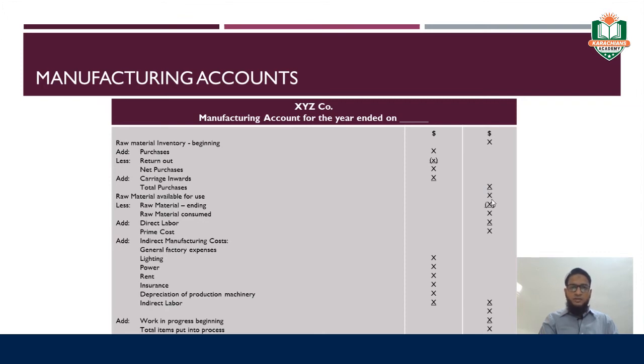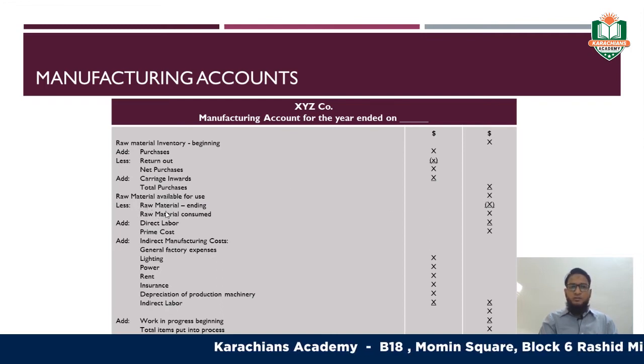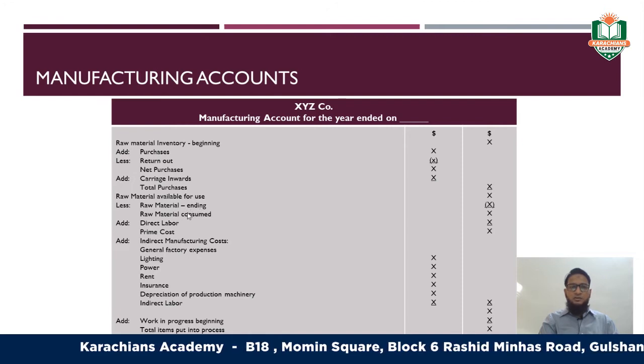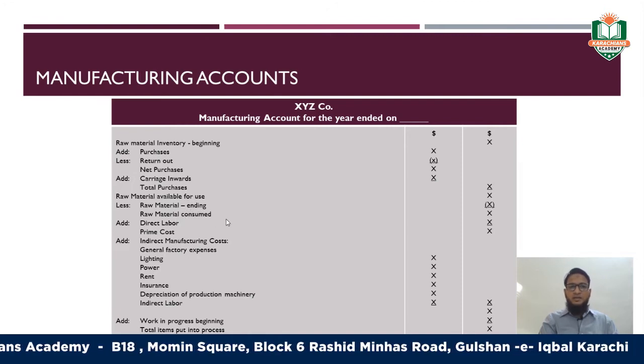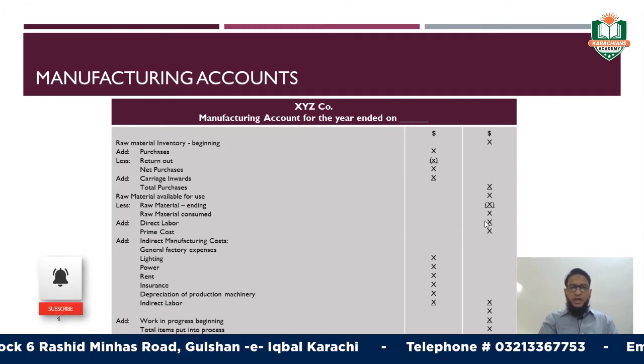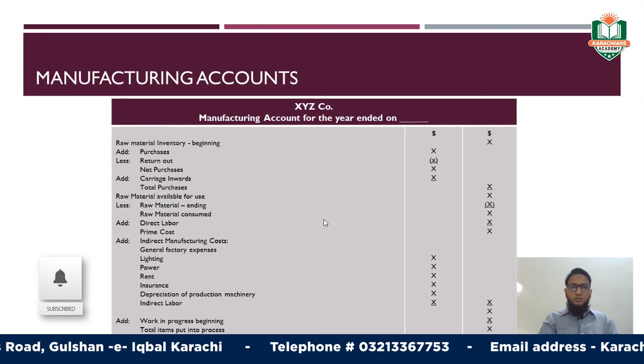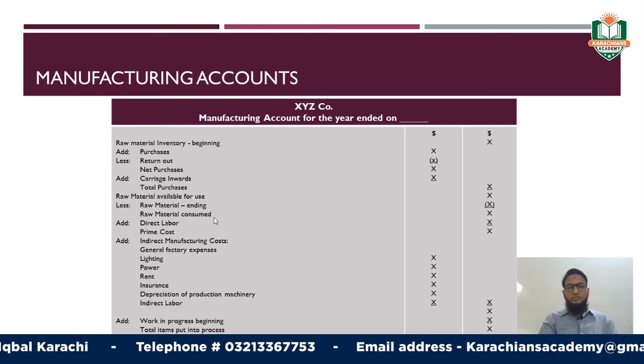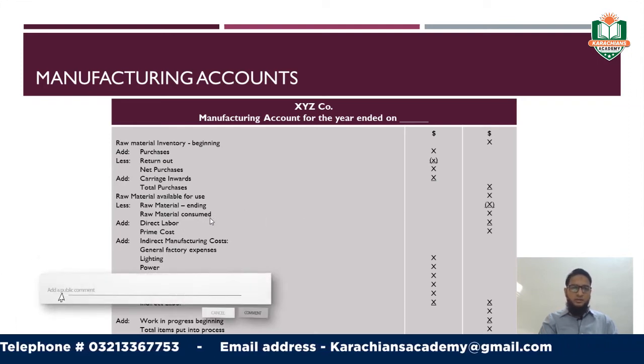Then you will find out the total raw material available for use in the factory, right? Now what you need to do, you have to subtract the raw materials ending balance in order to derive the raw material consumed, right? This is the amount which has been incurred in order to convert the raw material into finished goods, right?